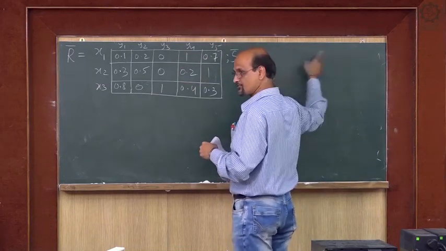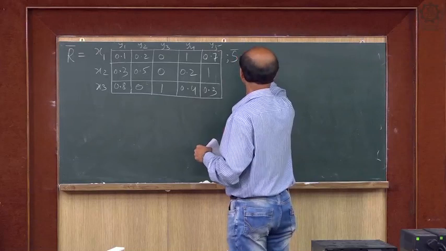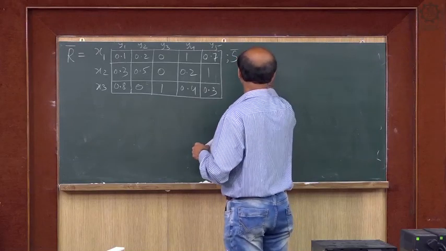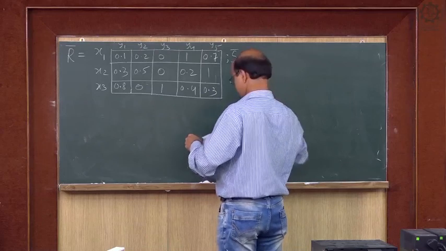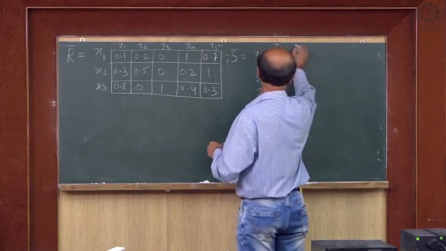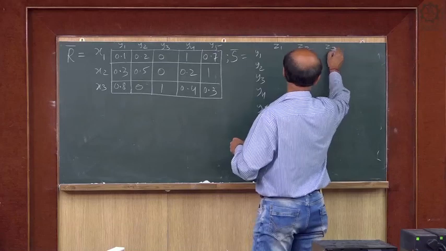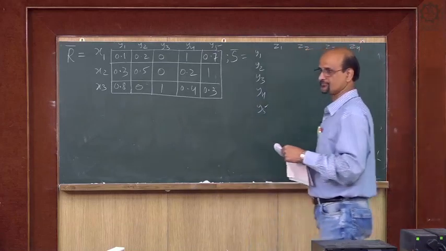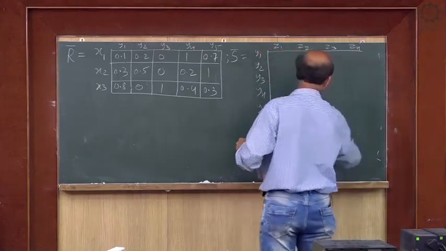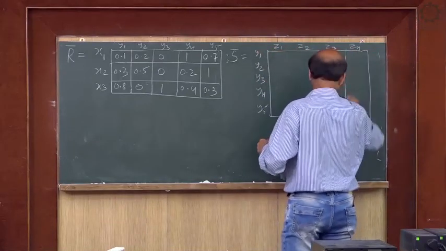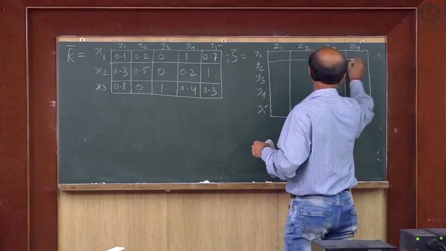So, I should have from y to z some relation matrix. We will have y1, y2, y3, y4, y5, and suppose z values are z1, z2, z3 and z4, 4 values. Okay? So, the relation matrix I will have like this.